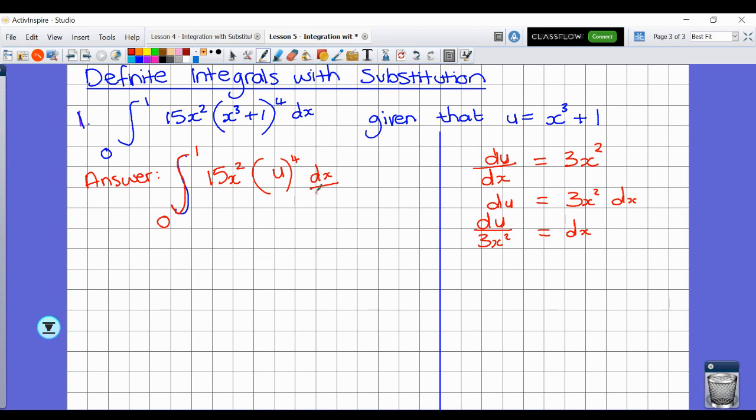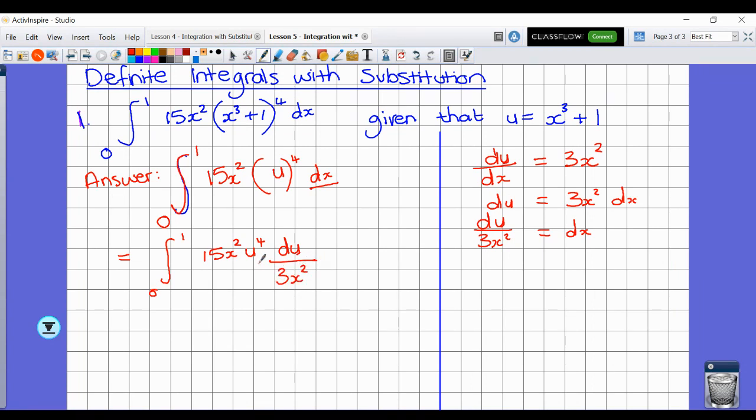Good. Now we can swap out dx, because we know what that is. Everything else stays the same. So dx is now going to be du over 3x squared.